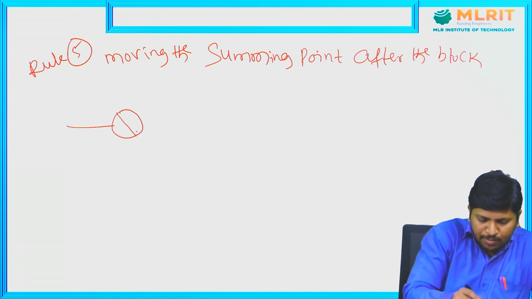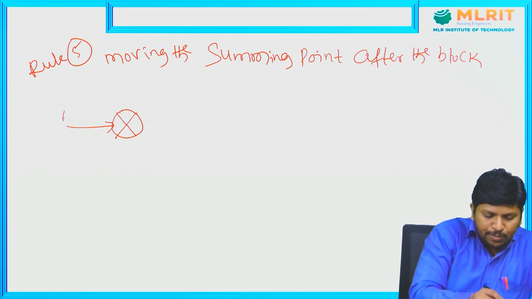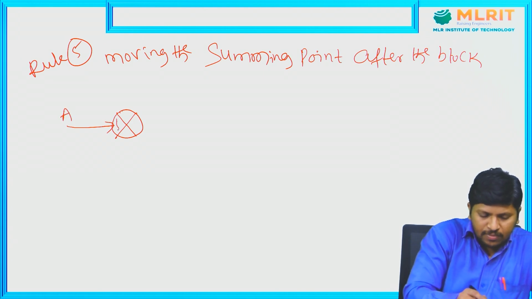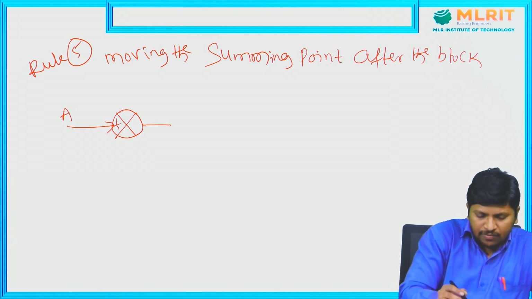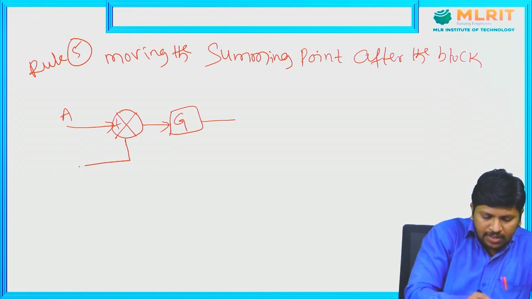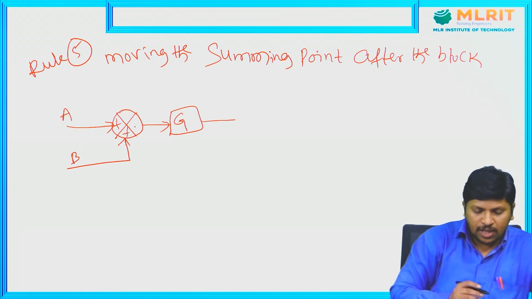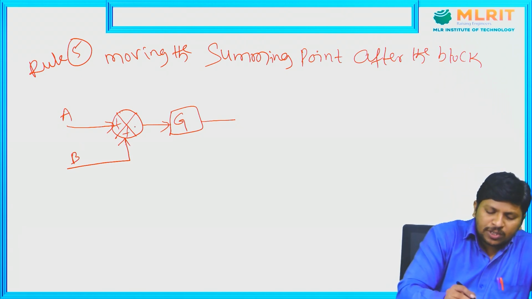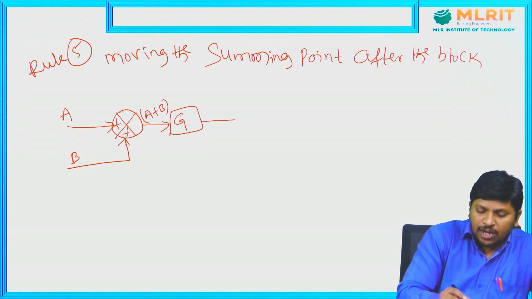Take the summing point 1. Input signal is A. Next, again one block is G. Here also I consider one more input B, A plus B. Here the output is A plus B. That output is applied to the block G. What is the output after the block?